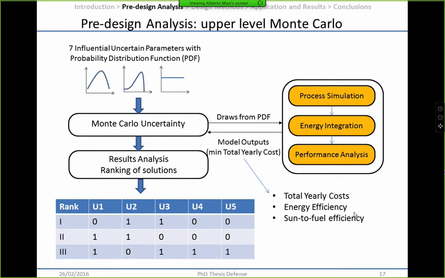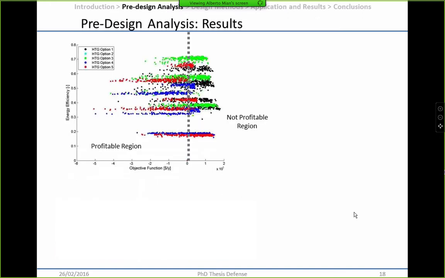Out of the total number of simulations, I was able to compute the ranking. So if here we have 5,000 simulations, I rank as first the one that has the majority of wins. This is the output for the superstructure I have shown you before.